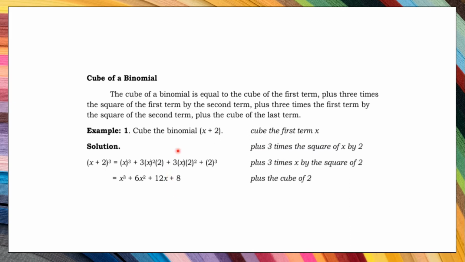For the next, plus 3 times x times 2 squared. So 12x is the answer there, plus 2 cubed, and 2 times 2 equals 4, times 2 equals 8. That's why the final answer is x cubed plus 6x squared plus 12x plus 8.